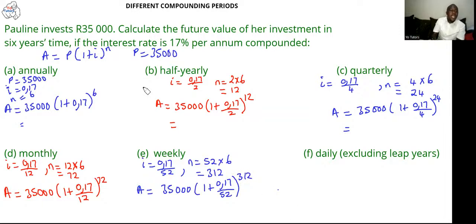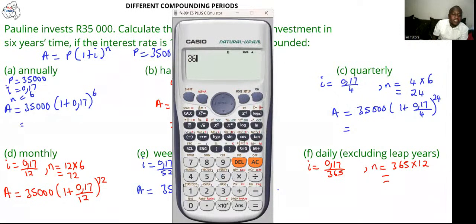Okay, now let's see the last part there, which is for our daily. The daily here, I is going to be equal to 0.17 over 365. And when you've got 365, remember how to get n. N is going to be equal to 365 times 6. And what is 365 times 6?